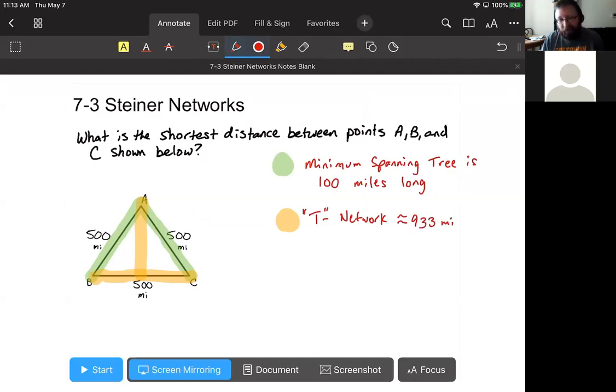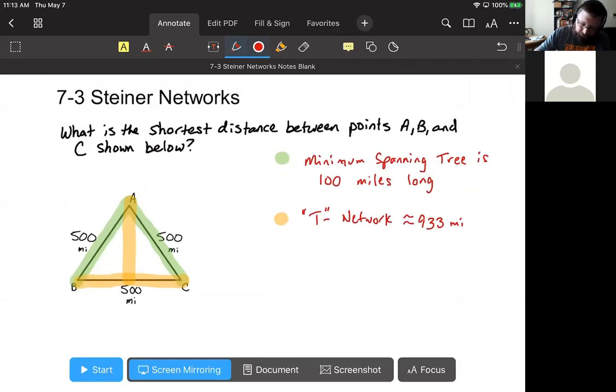Now, 67 miles of cable is going to make a significant difference in the amount of wiring and the cost overall of building this network. Okay, so almost guaranteed they would rather build that network there along the altitude of the triangle than use the minimum spanning tree, because 67 miles of data cable is a lot of cost. It's thousands and thousands and thousands of dollars.